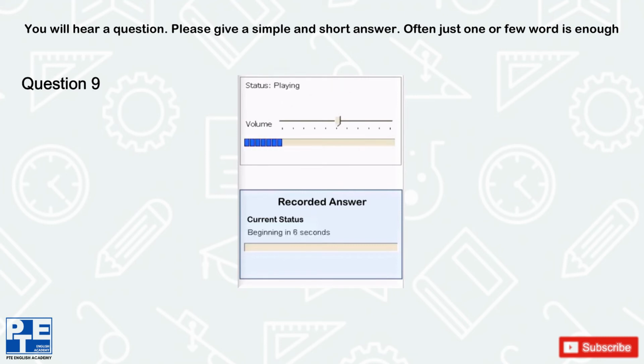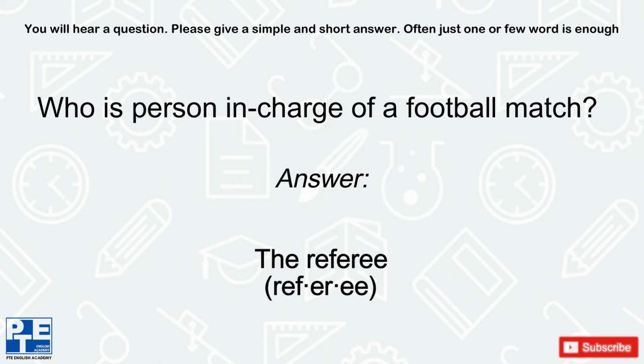Who is person in charge of a football match? Answer: the referee.